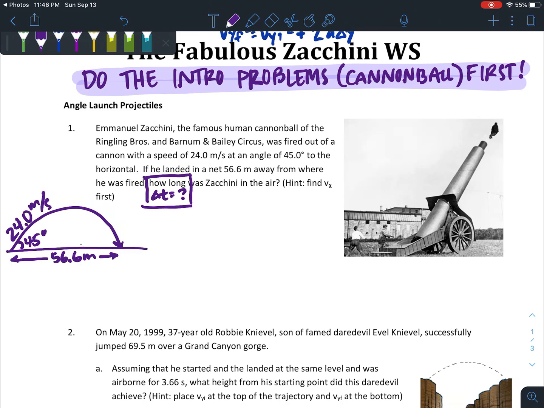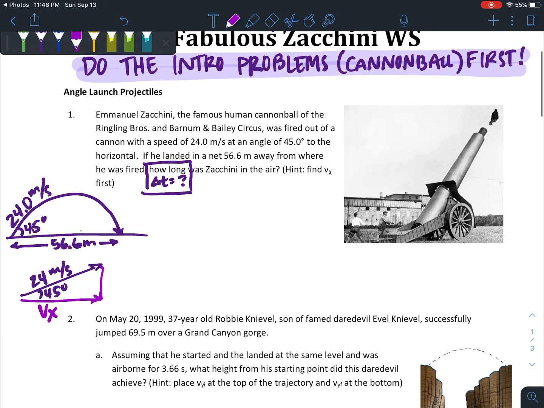Okay, so step 1 is going to be to find Vx and Vyi because we have to have those in order to solve for anything, right? Okay, so we're going to treat the 24 as our hypotenuse. We've got a 45-degree angle, and then we need to solve for Vx and Vyi.